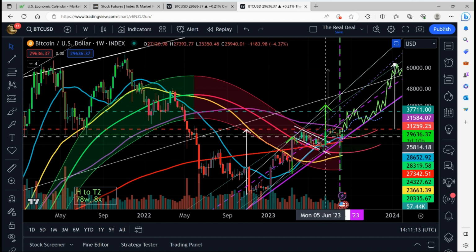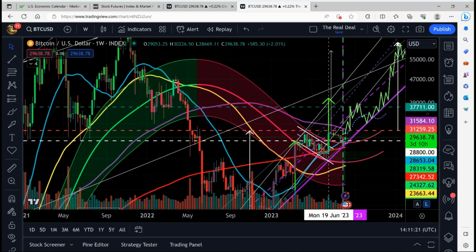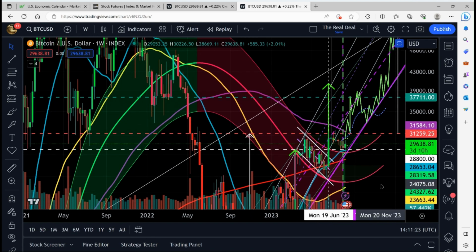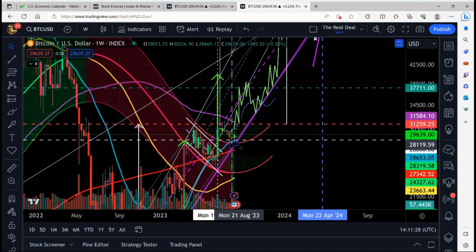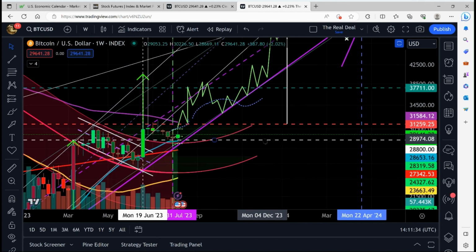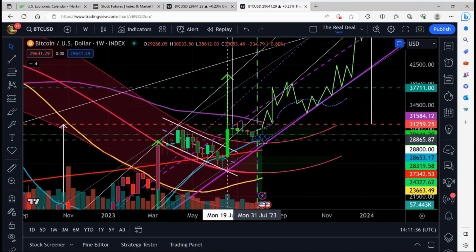But it did act pretty much as support here as well. Now, we are still below the 100. That's what I wanted to point out. That's very similar to 2015, 2016. And we are holding the Aqua 20-week moving average as support here.